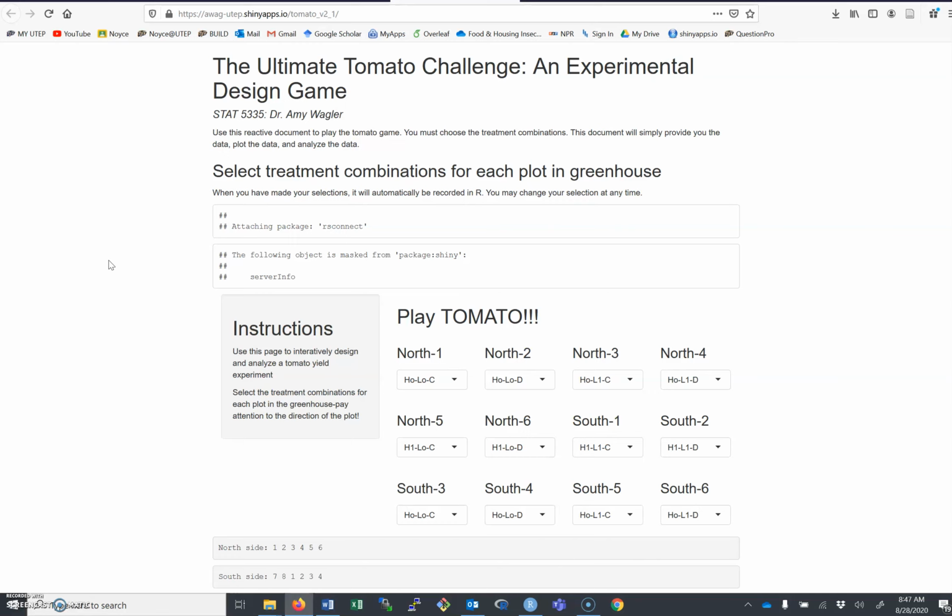So this game was built based upon an actual data set. It's kind of an old data set from, I believe, the 1970s, but it's something that I think everybody can relate to at some level.